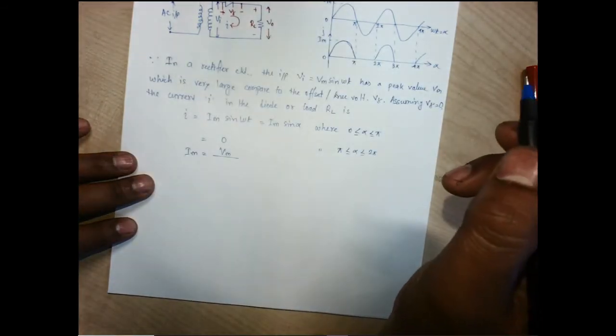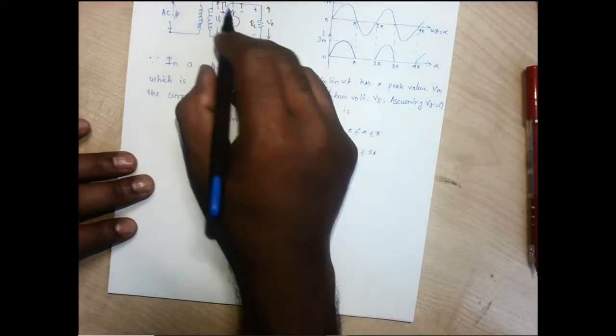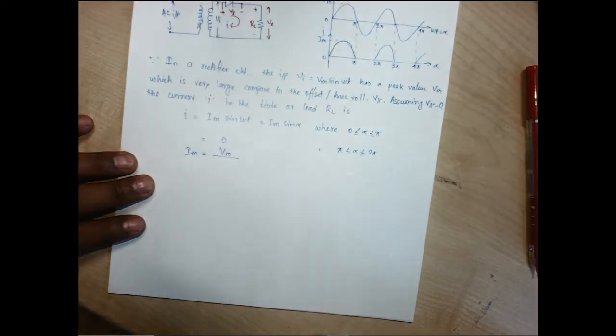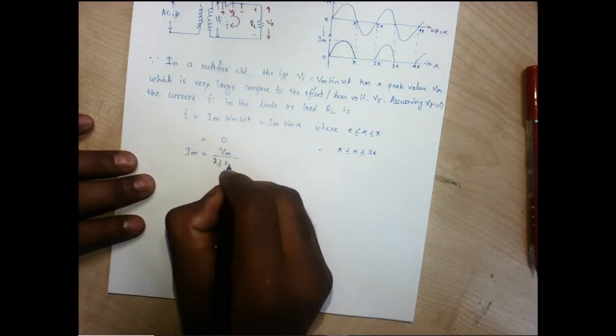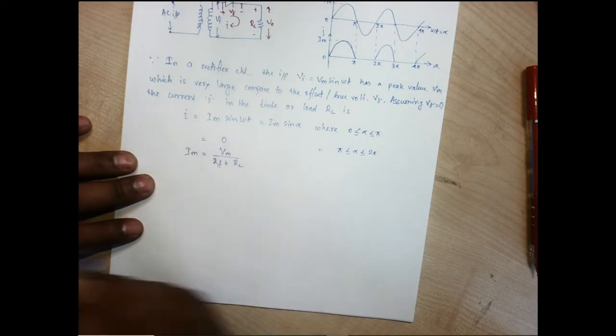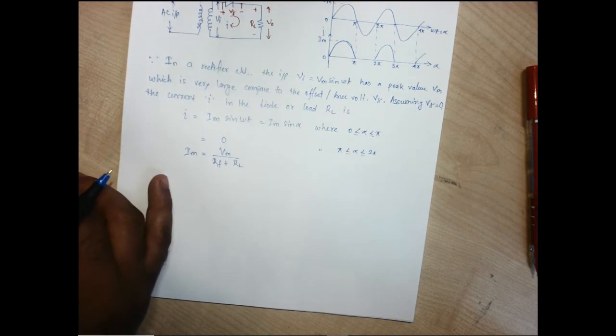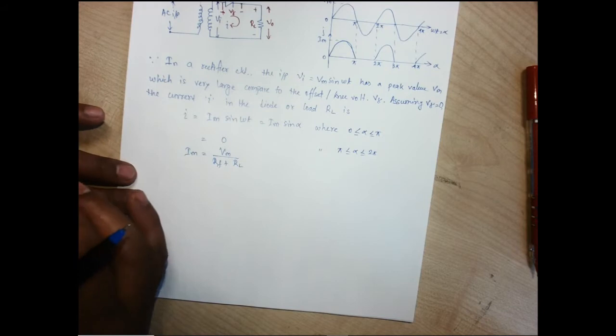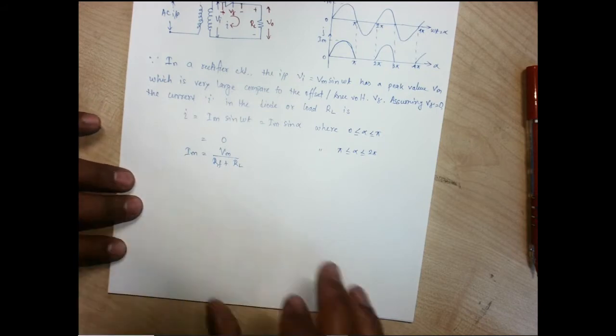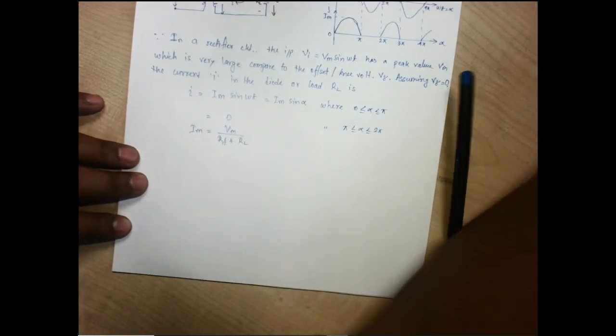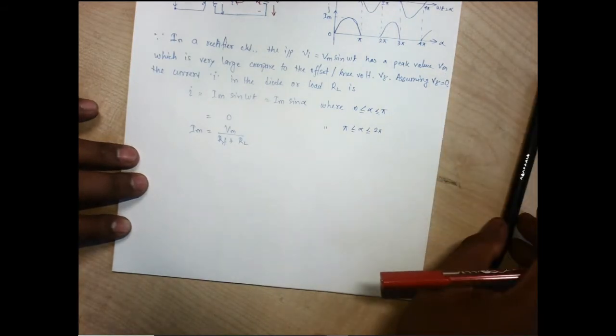Let us consider this diode has a forward resistance of Rf, due to which it has a voltage drop of V gamma, so Im is given by Vm minus V gamma over Rf plus RL. This is the maximum current which will flow through this circuit when the diode is switched on. Now let us go with the different meter readings.